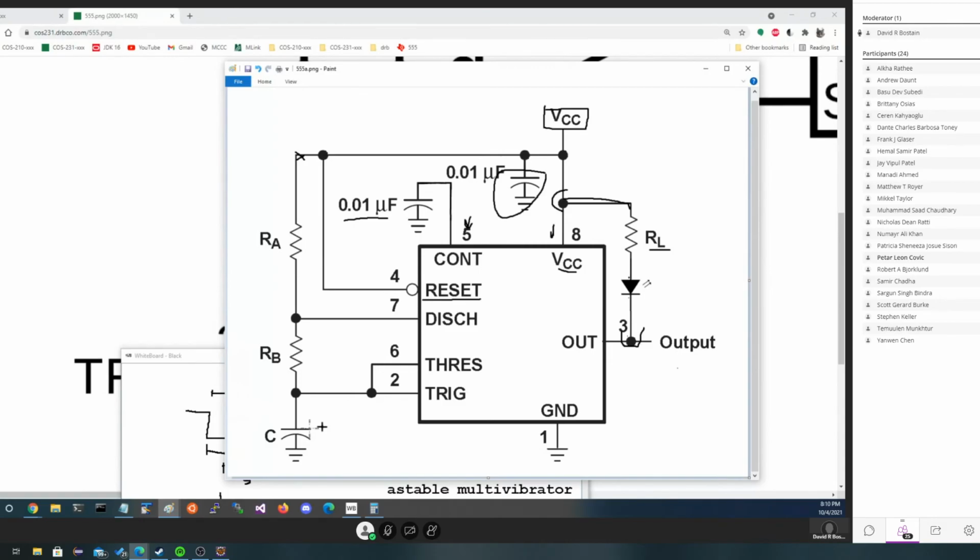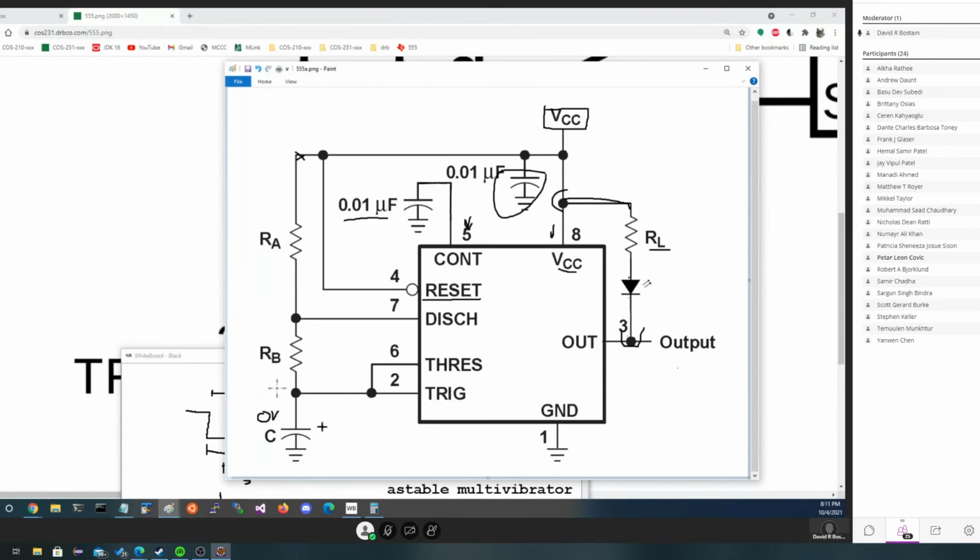When we first turn this circuit on, the capacitor is going to have 0 volts on top of it. Because it has 0 volts, that means at the trigger, we're comparing 0 volts to a spot which was 1/3 of the way up to the power supply. We'll pretend like it's still 6 volts, so that would be at 2 volts.